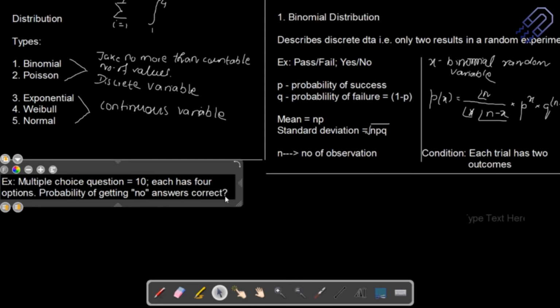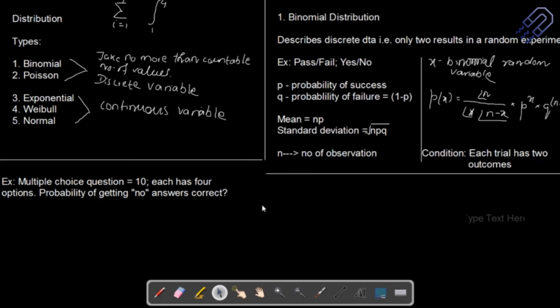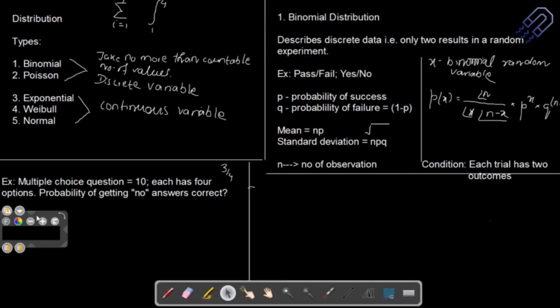What is the probability of that if you keep checking randomly? So that's the question. Here x is nothing but the number of questions answered correctly.